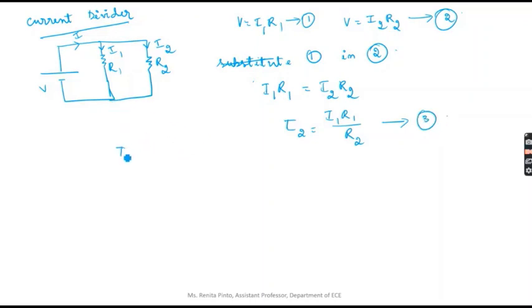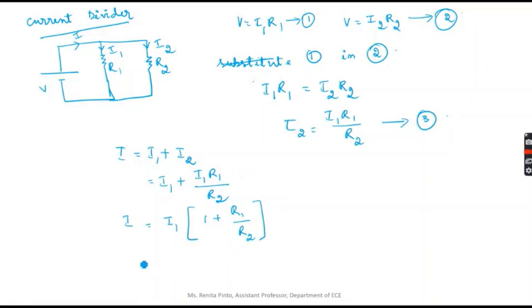Again, from your circuit, you can write another relationship, that is I is equal to I1 plus I2. So I1 plus, now I2 equation you have already found out. Let me substitute that. So I1 R1 by R2. So I is equal to I1, if I take it as common, it will be 1 plus R1 by R2.